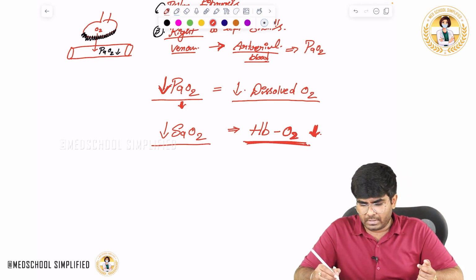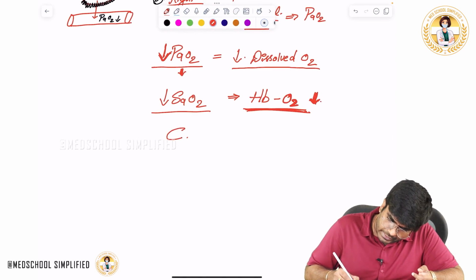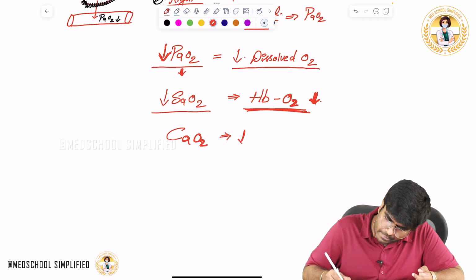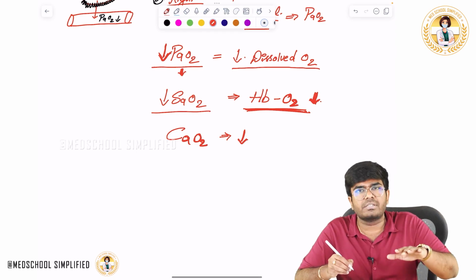Now tell me, what happens to the total content of oxygen in the arterial blood? It decreases, because everything is decreasing. The content of oxygen in the arterial blood is decreasing because partial pressure is less.